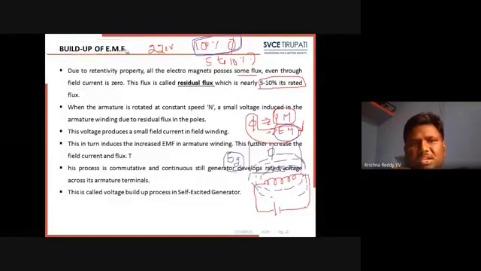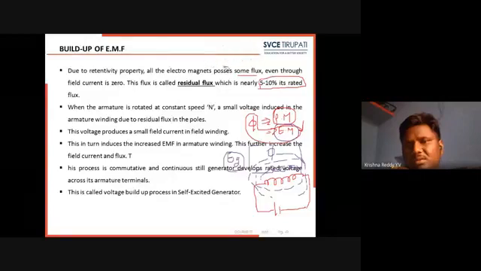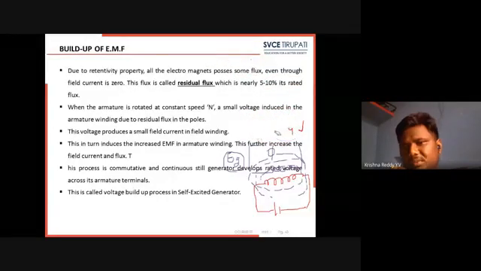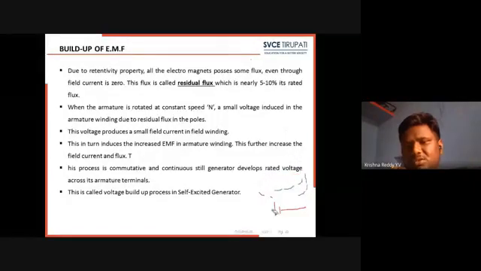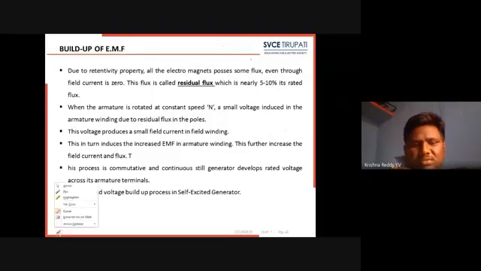What is the retentivity property of an electromagnet? In case of a magnet, we have two terms, coercivity and retentivity.